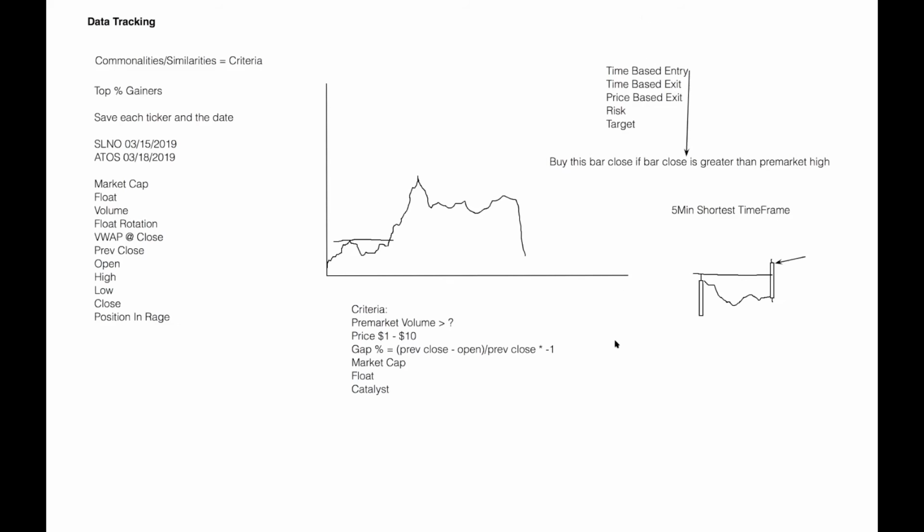Now I want to look at a chart like this, and I want to know two things after the entry point. The entry becomes this bar close, which is much easier than being able to buy at a breakout level. You can just buy at the close of this bar, watch the clock: 3, 2, 1, I'm in.